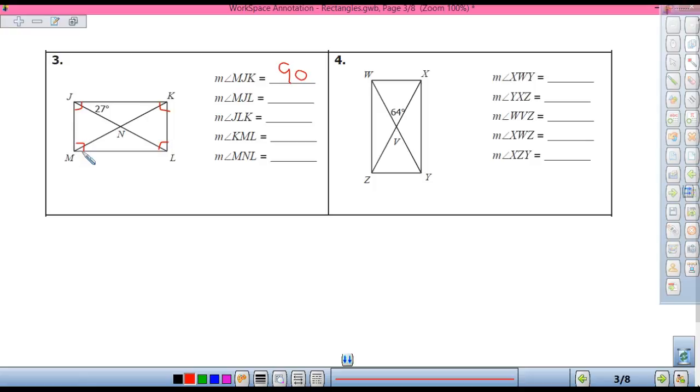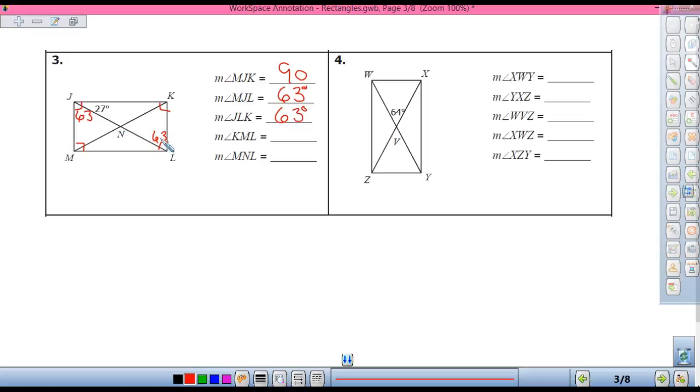So MJL then, 63, because we had to subtract that 27 from it, right? So JLK. What? Alternate interior angles, good. That's 63.